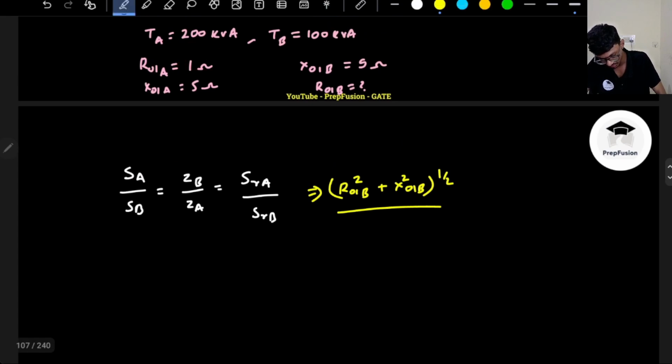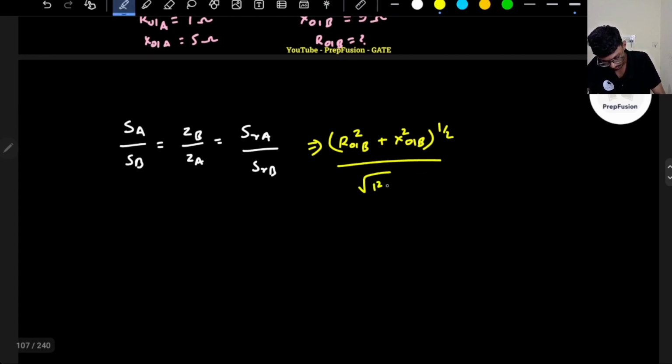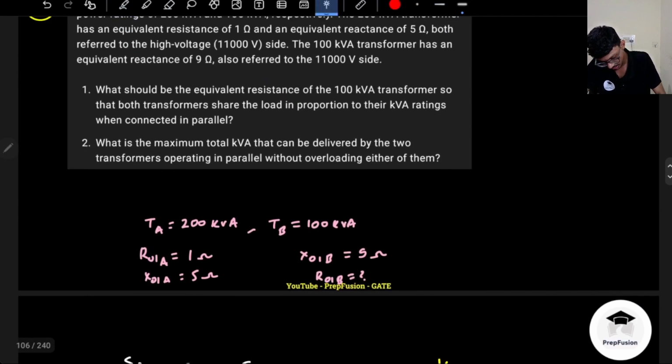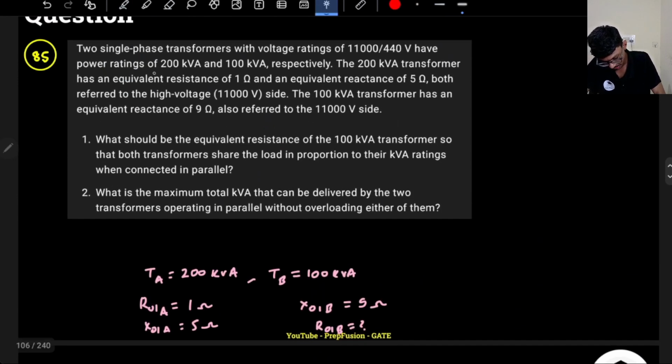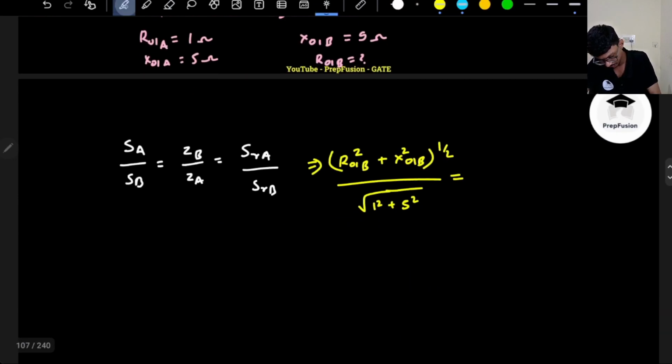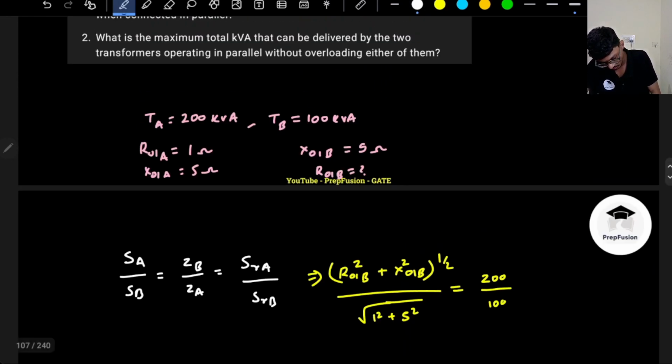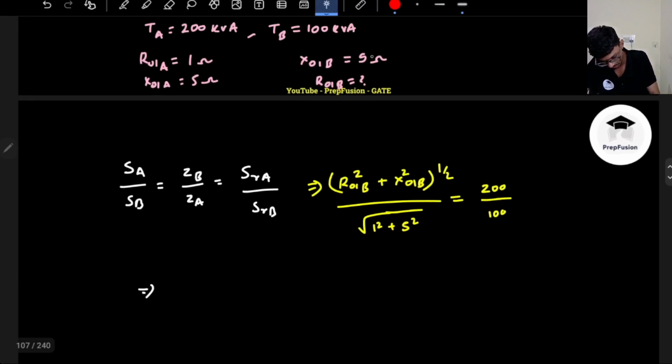It is under root 1 square plus 5 square. This will be equal to SRA divided by SRB, that is 200 kVA divided by 100 kVA. I know XO1B is 9 ohms only.